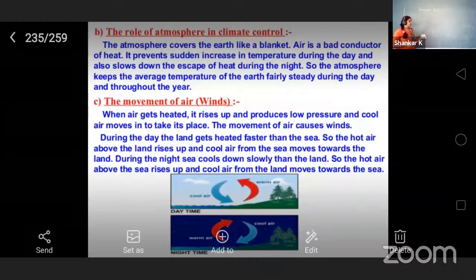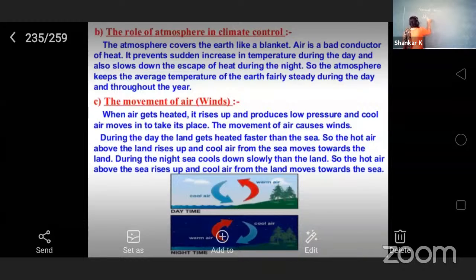We know that the atmosphere controls the ultraviolet rays, the rays we get from the sun. We will not get the direct rays of the sun.